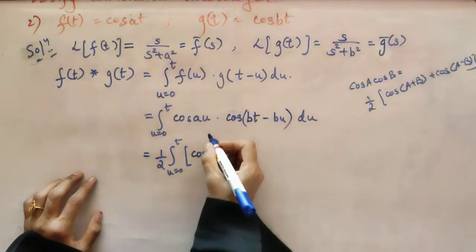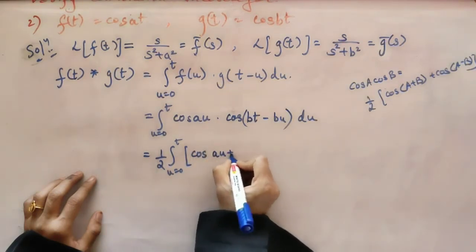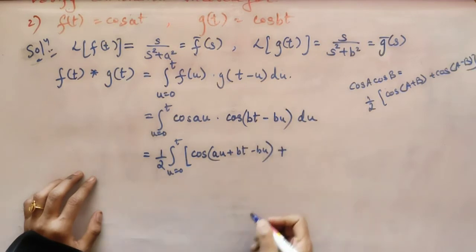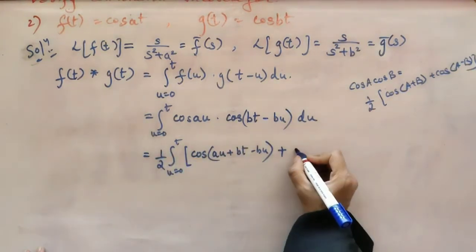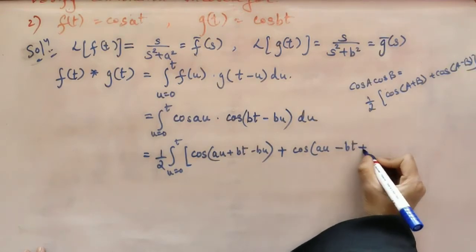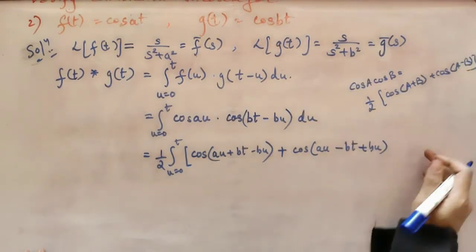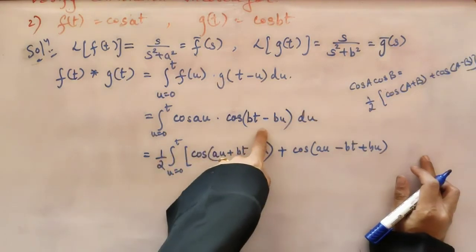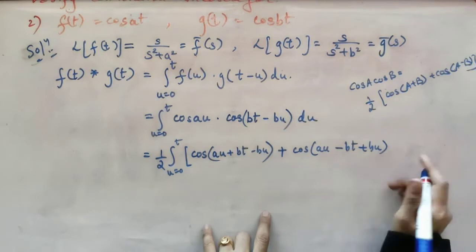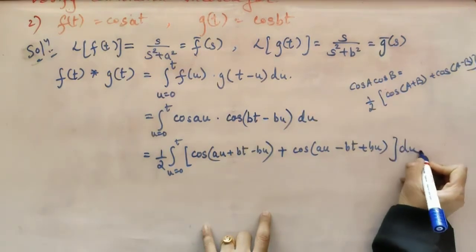It is cos of au plus bt minus bu, adding both, plus cos of au minus bt plus bu you will get, because a minus b you are doing. So this is your a, this is your b. Au minus bt, minus of minus, plus bu du you will get.